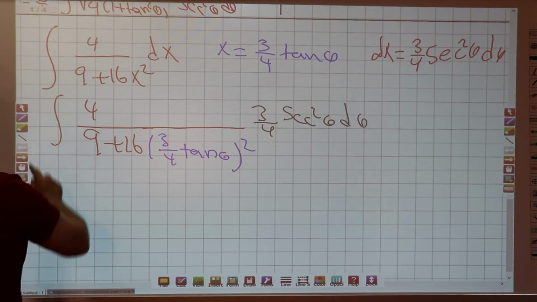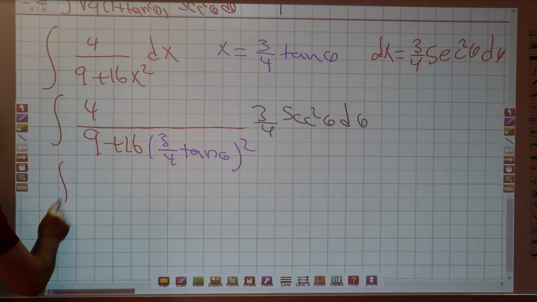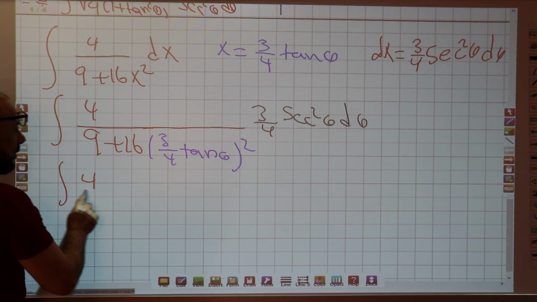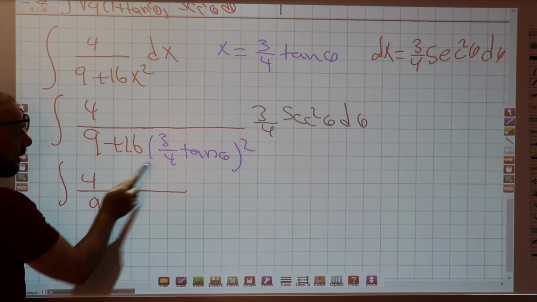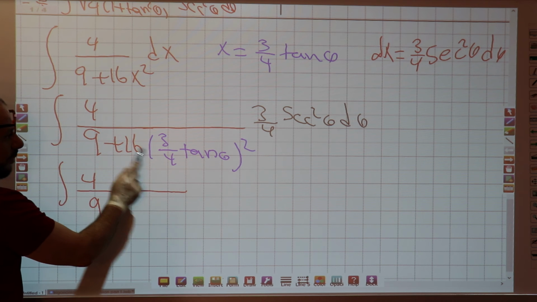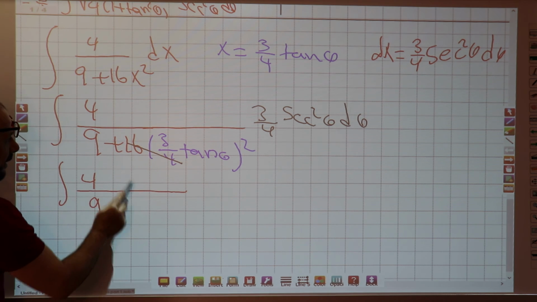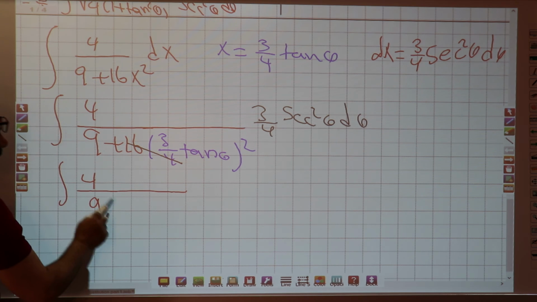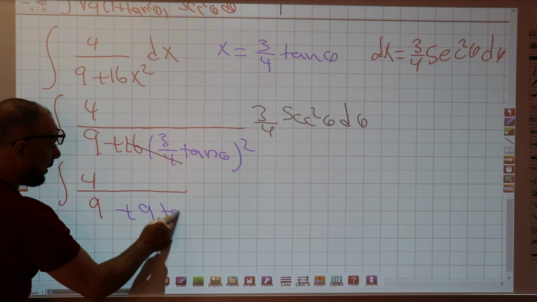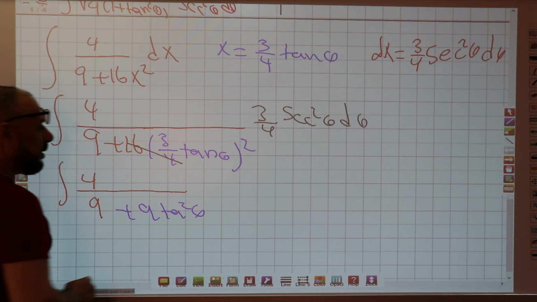Now, organize it. 4 over 9. Look here, we have 2 squared and 4 squared. These cancel each other, 16, right? And here is left plus 9 tan squared theta.